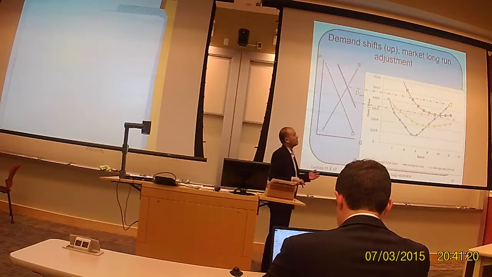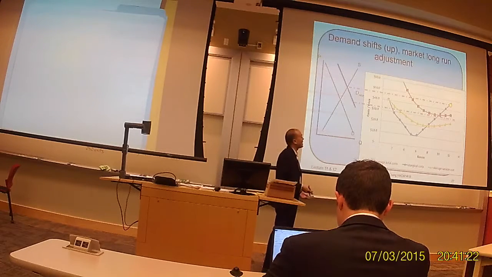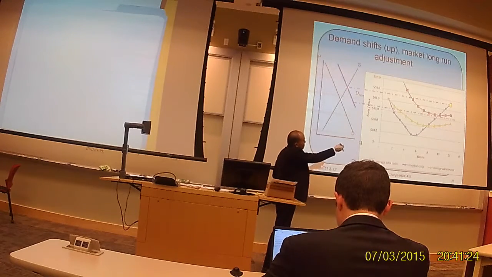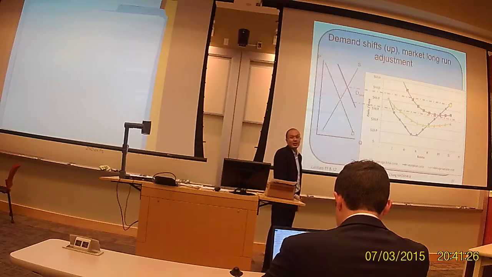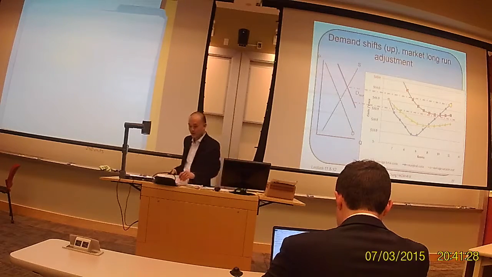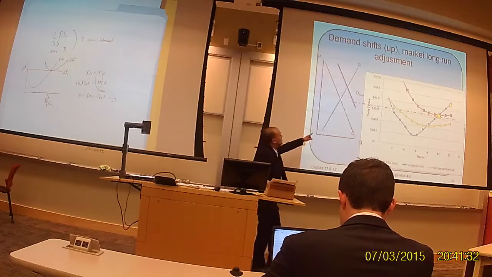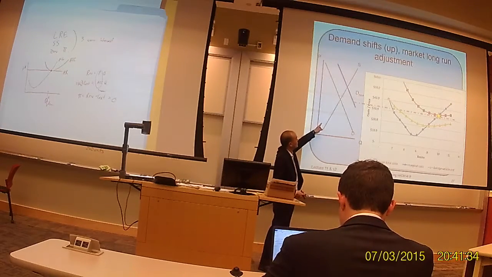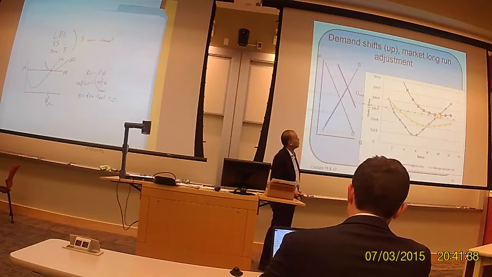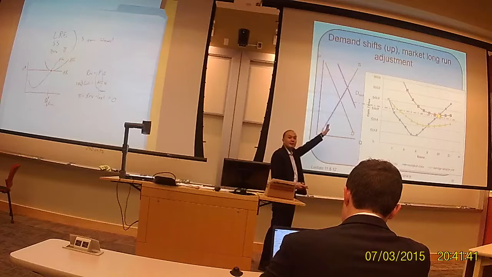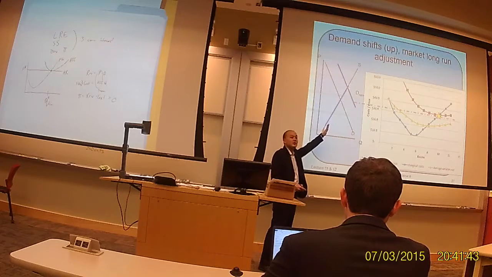So we want to figure out in these problems where entry or exit will stop. In this case, it will stop when it hits zero profit again, that three-curve intersection point. So entry will happen until we get to that price where there's zero profit, and watch the animation coming up in case someone's writing.